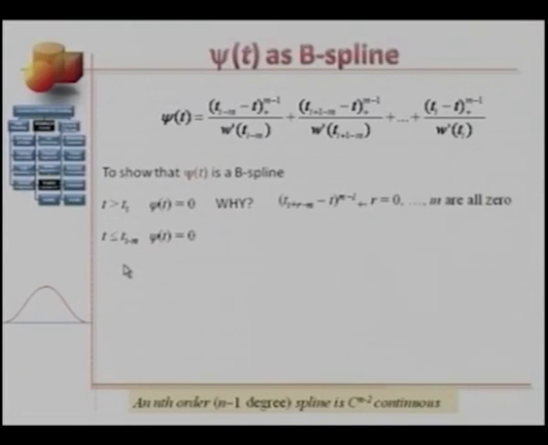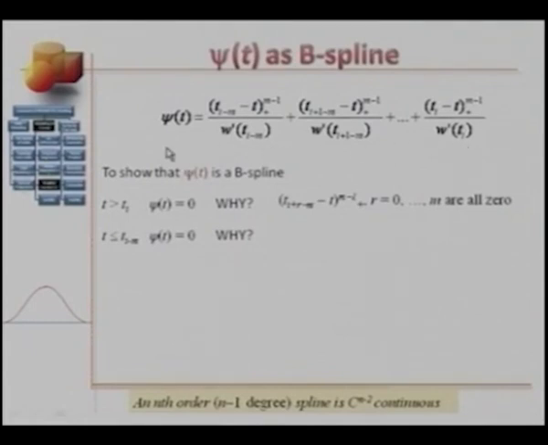Psi of t will again be 0. And why is that? This would be a little difficult for us to understand in the first instance, but maybe we will be able to digest this as we move on. Let's go back to the same expression, psi of t. In terms of divided differences, what is this?